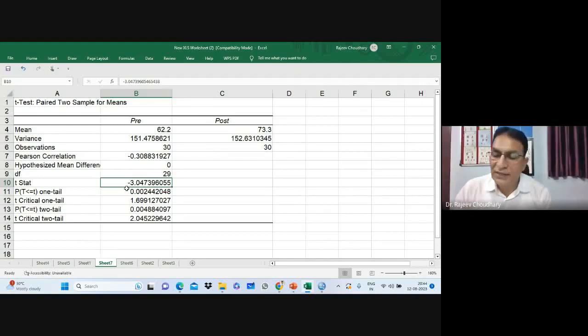Please keep in mind, the t-value cannot be negative. We have to ignore this sign. This is a mistake of our software. The t-value is 3.04. The mean difference cannot be negative either. Is it okay? The difference will always be a positive value. Is it okay?